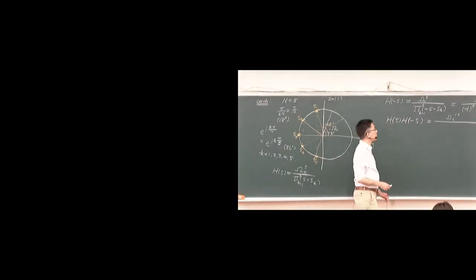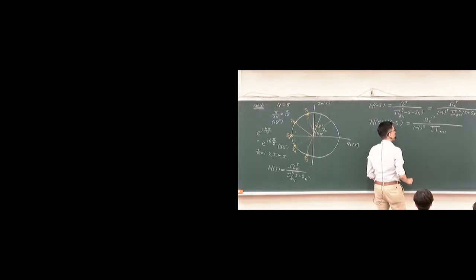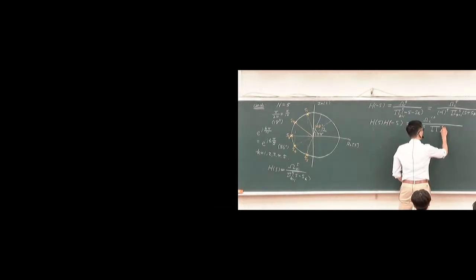When we multiply the two, the minus 1 to the fifth power is still there, and we have a product over k from 1 to 5 of s minus sk times s plus sk. In the end, this is going to become a 10th order polynomial.